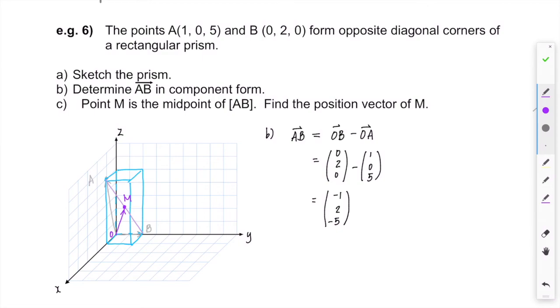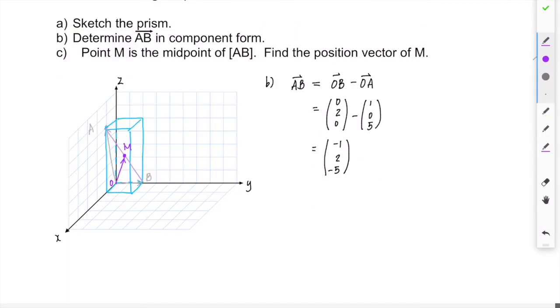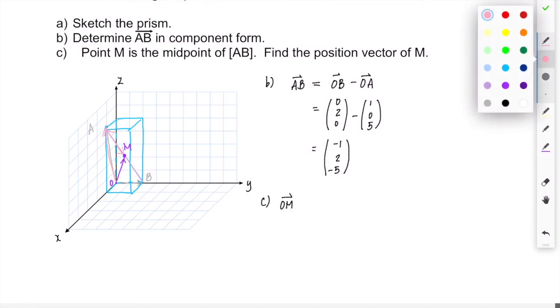Looking at this diagram, I see a vector equation that can be formed. OM can be represented using the vector OA plus the vector AM to close off that triangle.